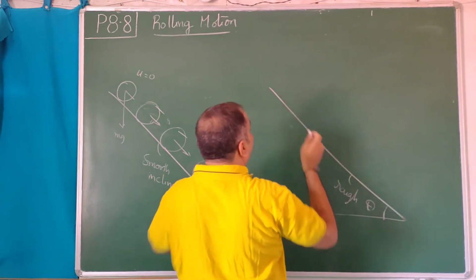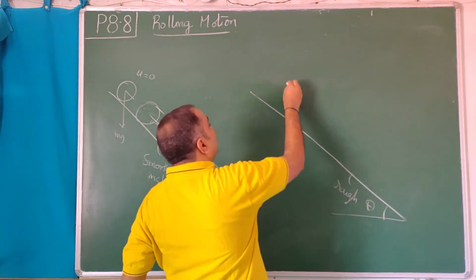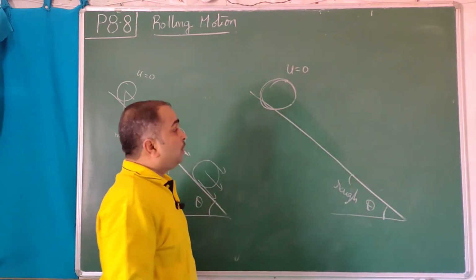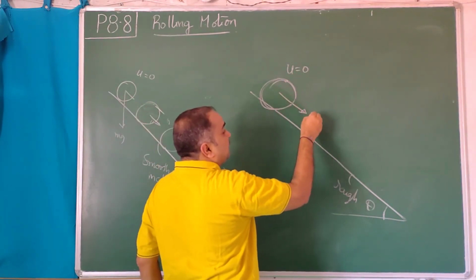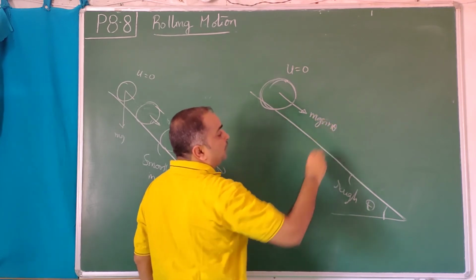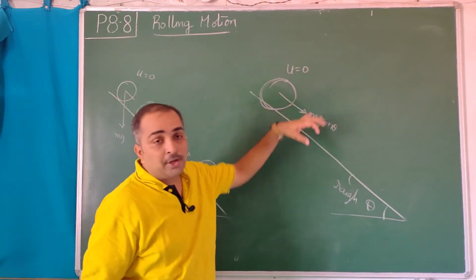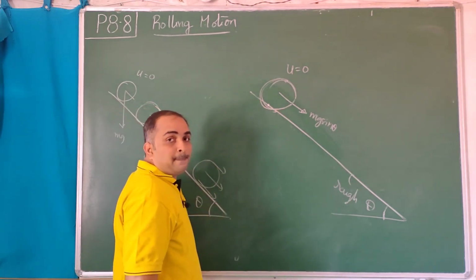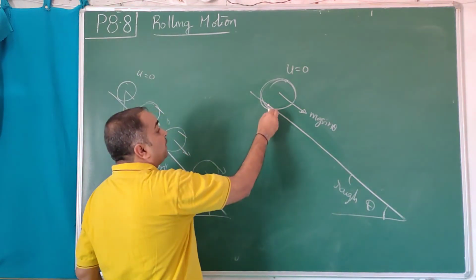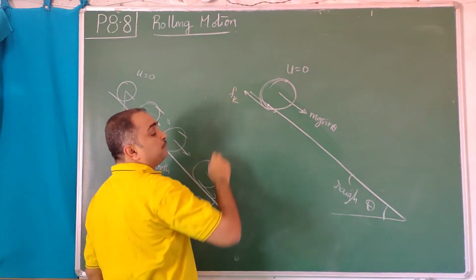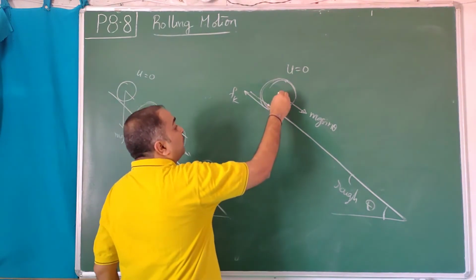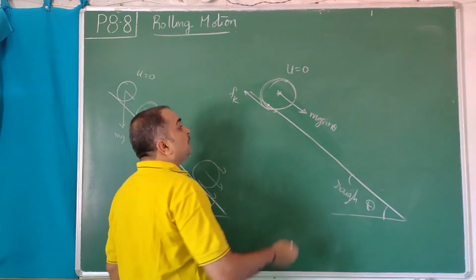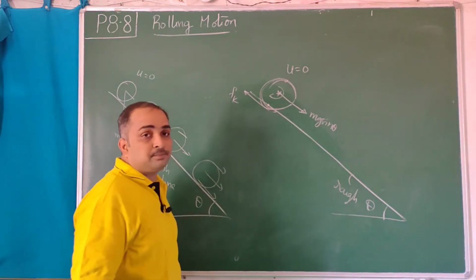But if this is a rough surface, what happens? Interesting things happen. So see here. A round object capable of rolling, you kept it with u equal to 0. That same mg sin theta which is acting like this is a net downward force on it, trying to give a velocity at the bottommost point which makes V increase. That creates a backward frictional force, Fk, which is equal to mu k N. Now take this as the center of mass, about which there is a torque.